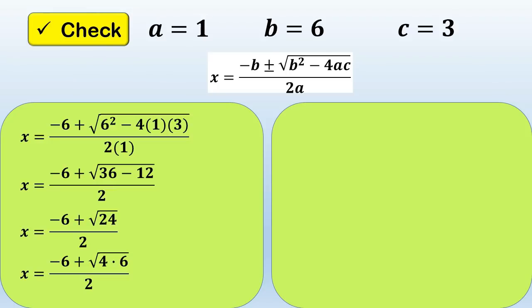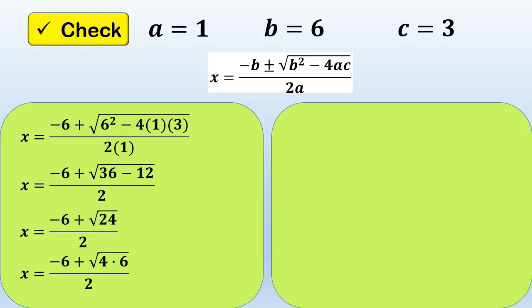So 24, what two numbers when multiplied give 24? But be sure that when we identify factors, one of the factors is a perfect square and one of them is not. So the factors of 24 are 4 times 6.